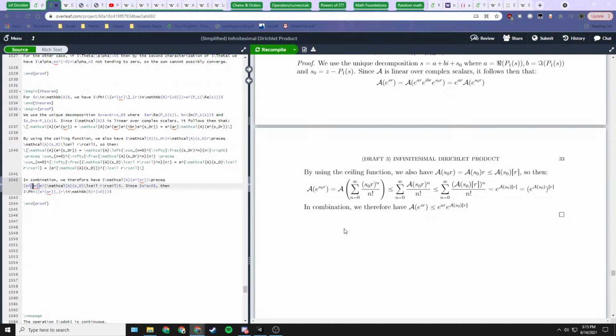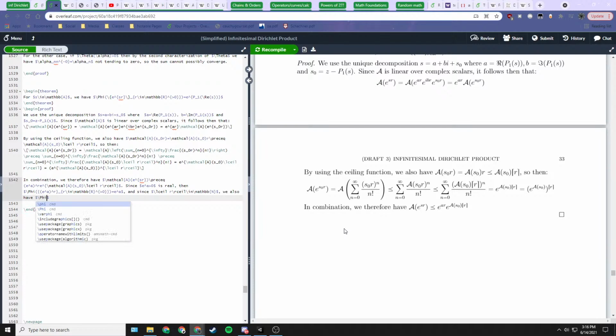We could do e to the A, and then to the R. So e to the A and then to the R. And this should be e to the A. This is real, so this is e to the A. And since the ceiling of R is in naturals, we also have phi of this.